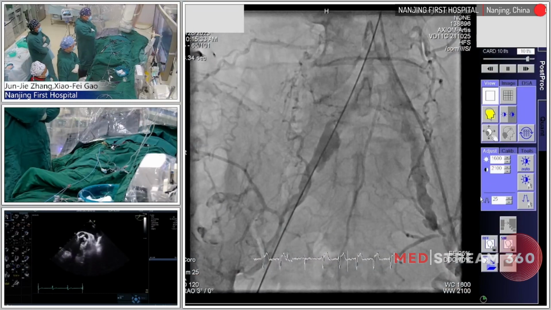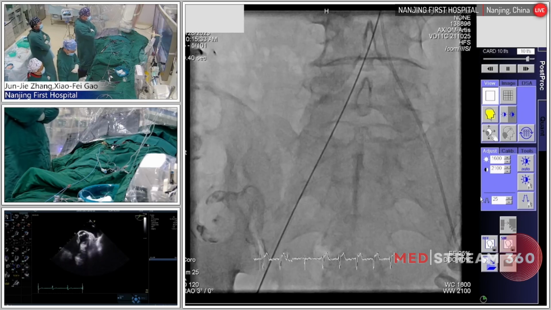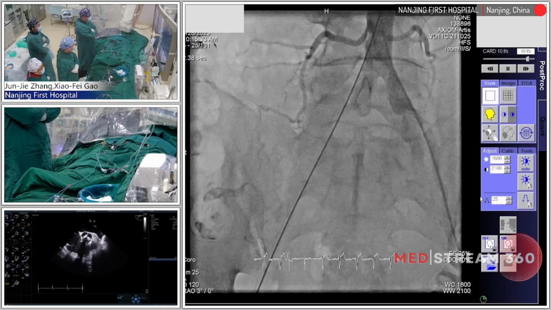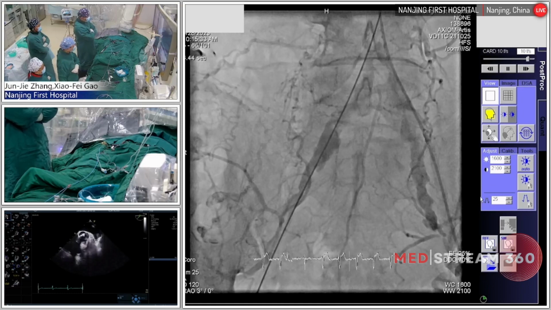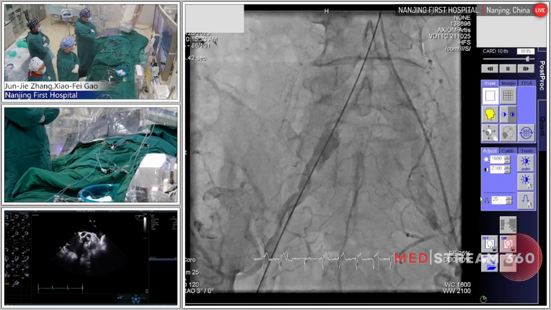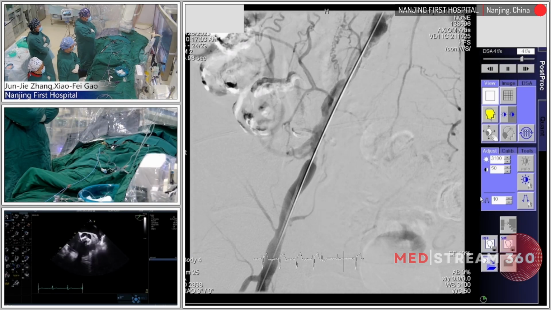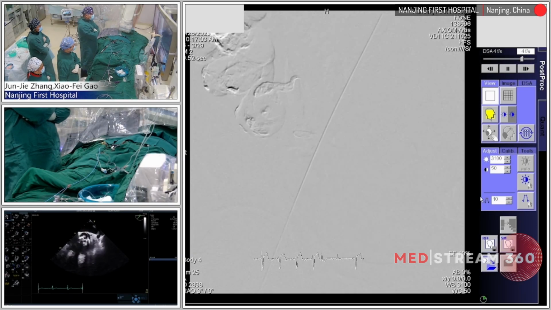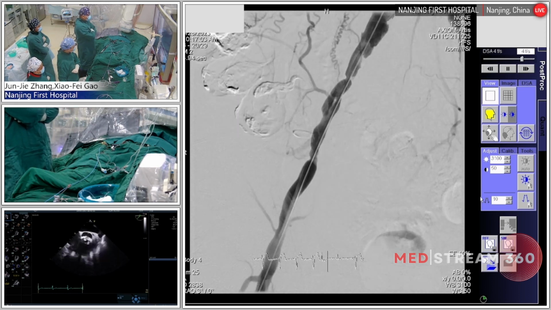You can see both the left and right iliac arteries have severe narrowing. Then you can also notice the right iliac inner artery was totally occluded with collateral supply from the abdominal aortic artery. From the DSA, we can see there are multiple lesions at the right iliac and femoral artery.